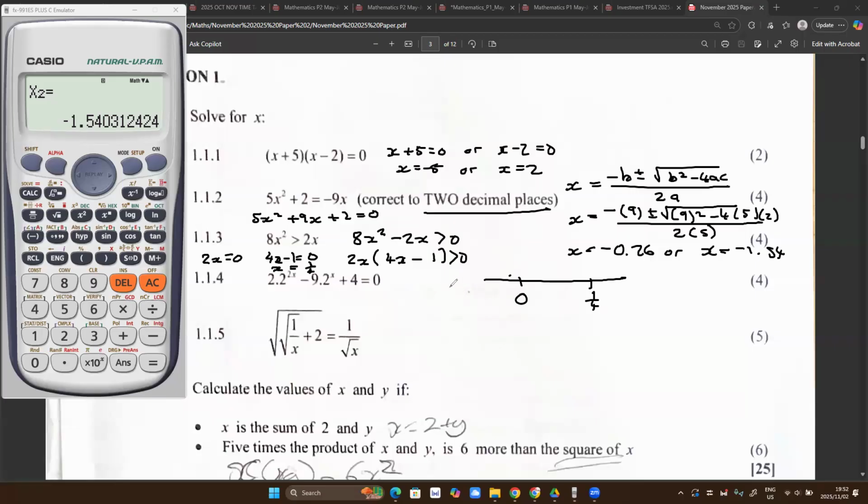Let's say we put in -1 just to test. We'll get 8 minus a minus, so we'll get a positive value. So we know here is positive. So we now assume that if I put in a value between 0 and a quarter, I will get a negative value.